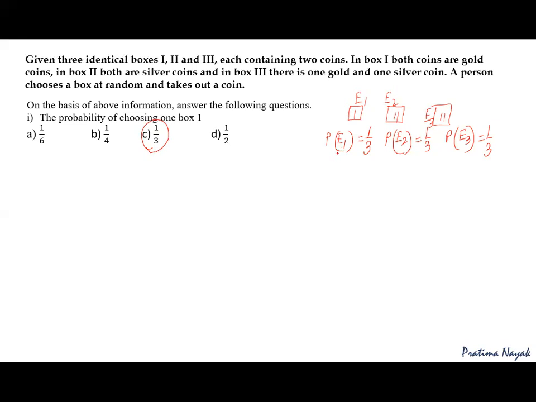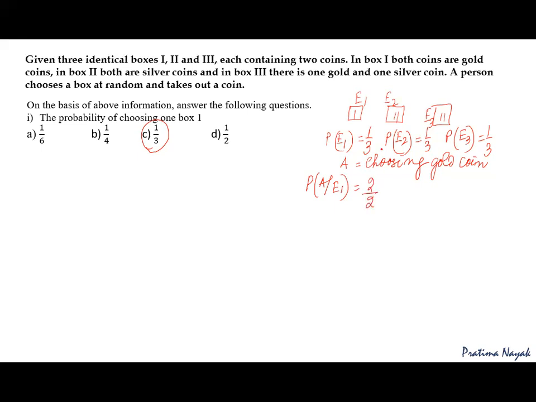Now next, going for your gold coin. Gold coin is the event taking place, which is the condition here. So A is the event of choosing a gold coin. The probability of gold coin from box 1 is certainly 2 by 2.